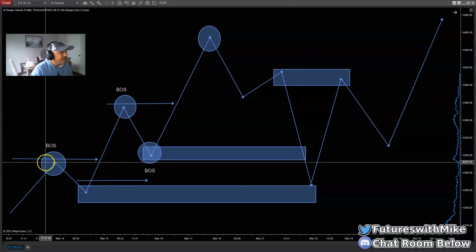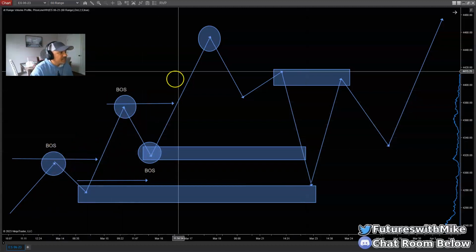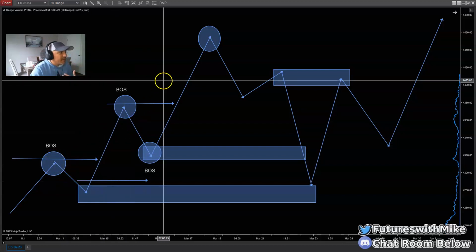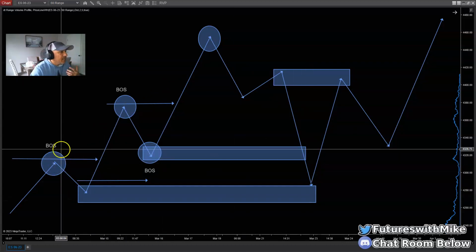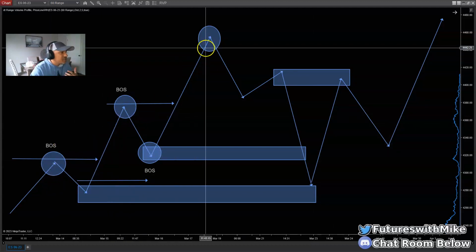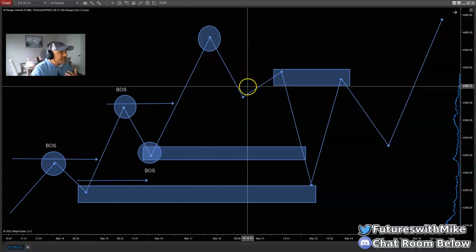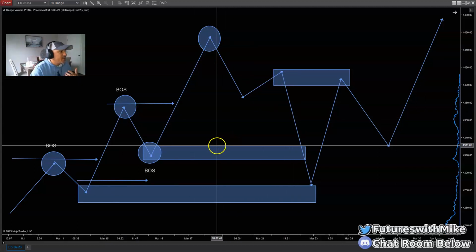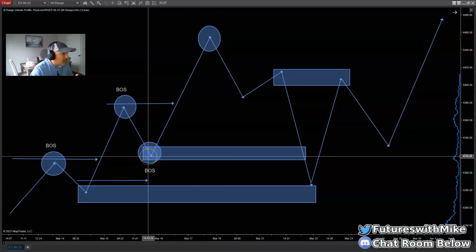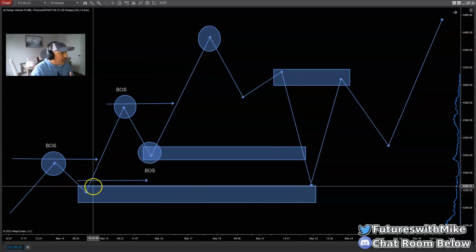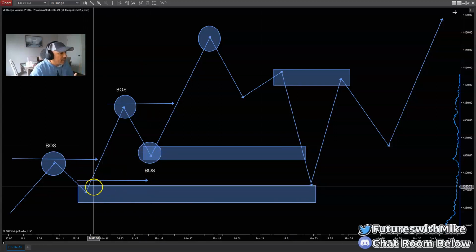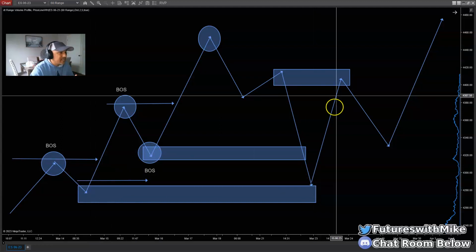So pay close attention where you see the market moving to the upside and breaking structure in several different areas, or if it's doing it to the downside. Look to see if you have multiple breaks of structure to the upside, and then as price falls to the downside here, maybe price is going to take out this area of liquidity, run some stops here as well, just to break lower and reject on the next area beneath, reject here at this area of demand, and then boom, it does that and breaks higher.